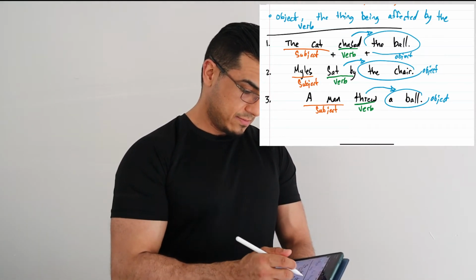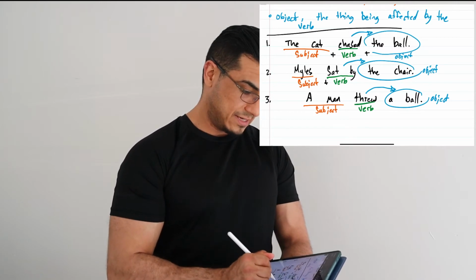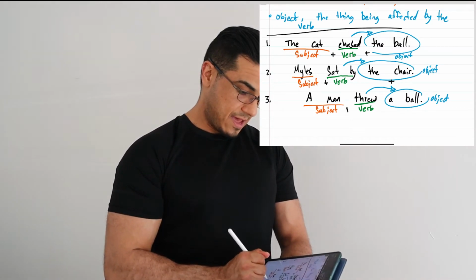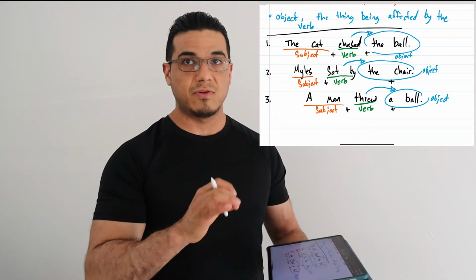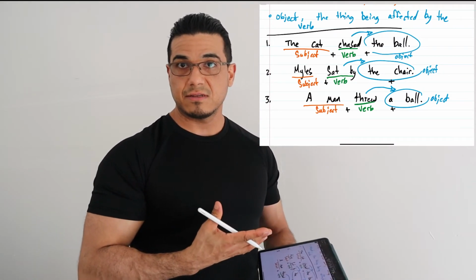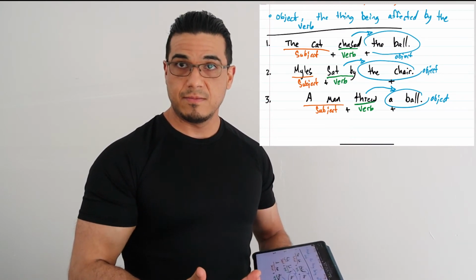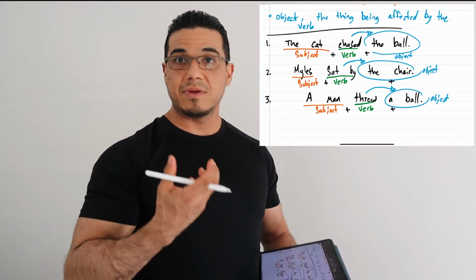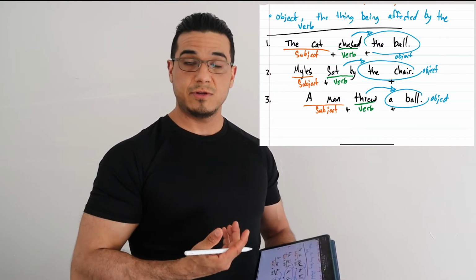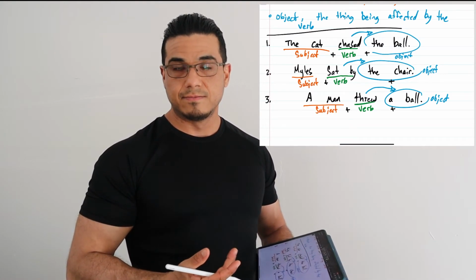And when you go back and you kind of add these little plus signs, you can see that this construction, very, very basic, very, very simple, very formulaic. Start with our subject, followed by a verb, and then an object, which is, again, the thing being affected or impacted by the verb you're using in the sentence.